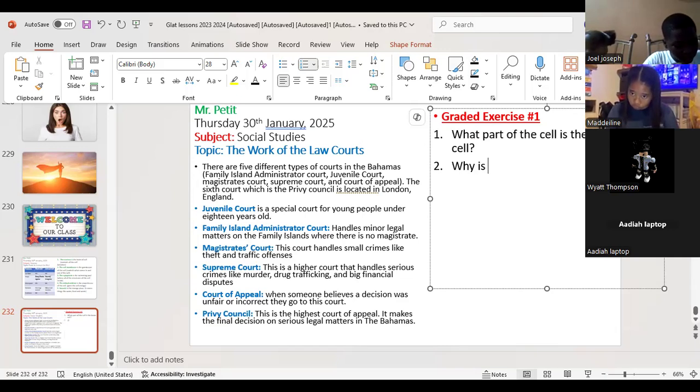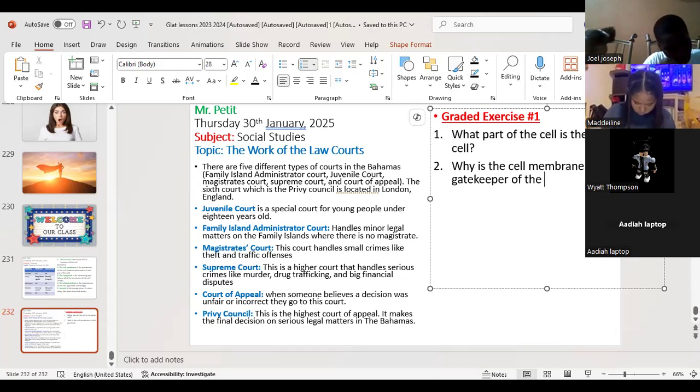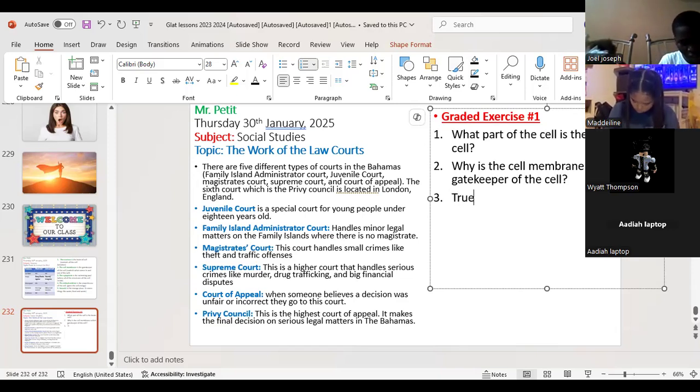Why is the cell membrane called the gatekeeper of the cell? Number three. True or false?